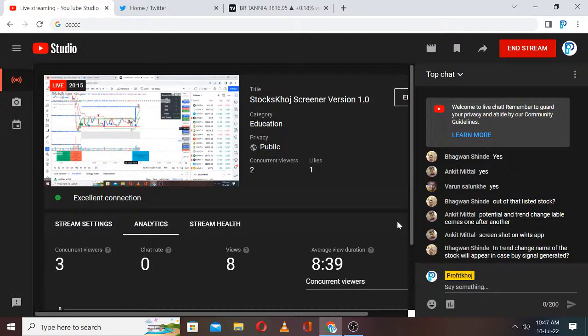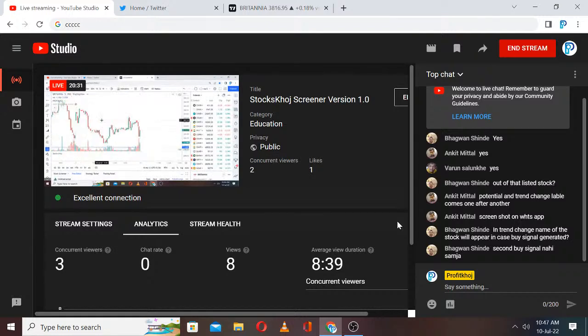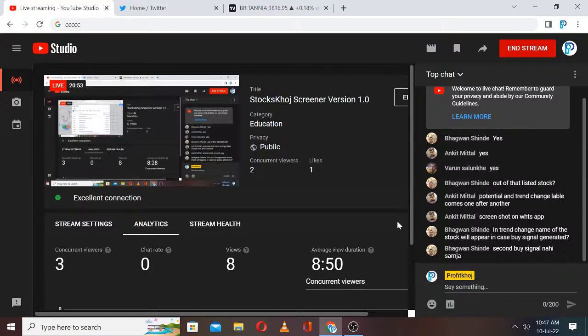Also, if a buy signal is generated and the stock moves below the buy signal and again comes back up, it will again generate a signal here. So it will take the last buy signal and last sell signal, and whenever the stock moves above or below them, it will generate a signal. There could be some improvements coming in the future, but for now it's like that.